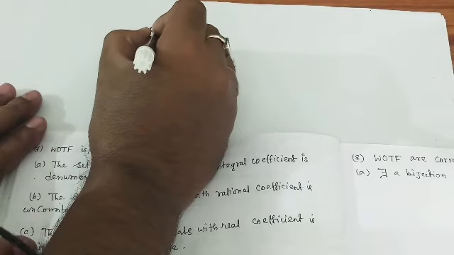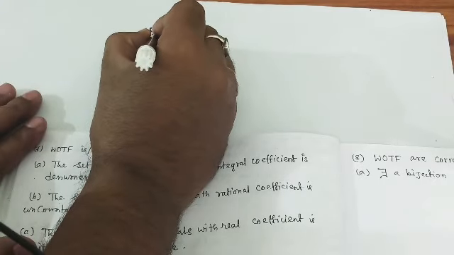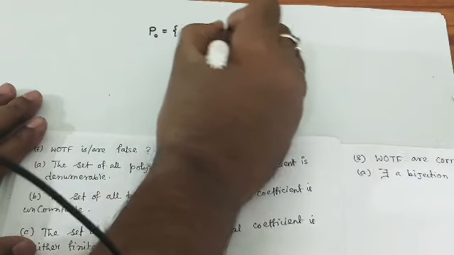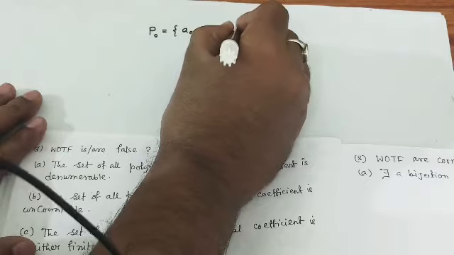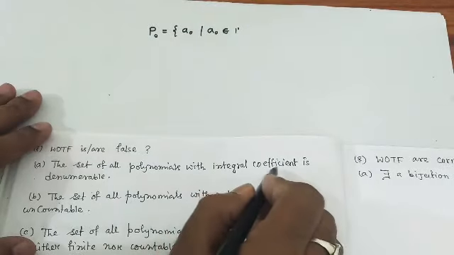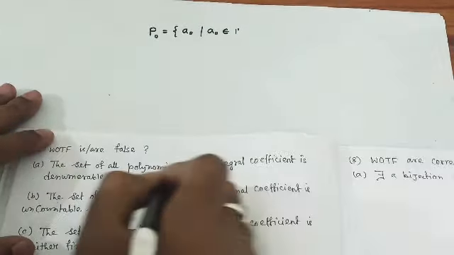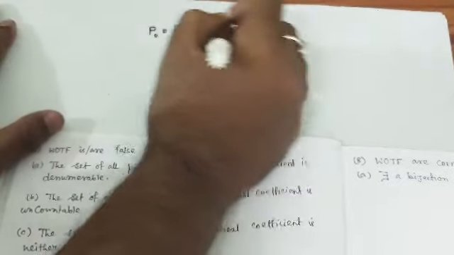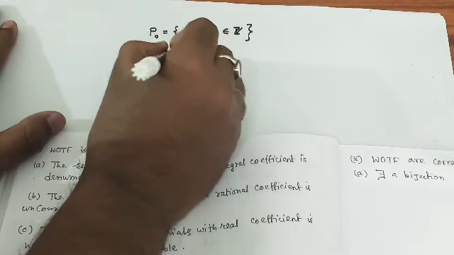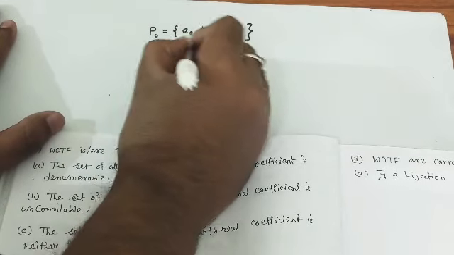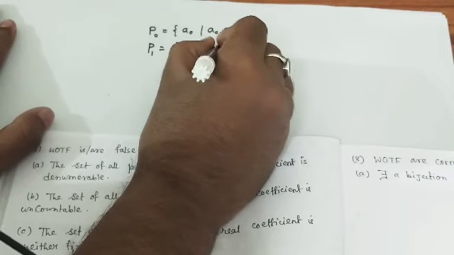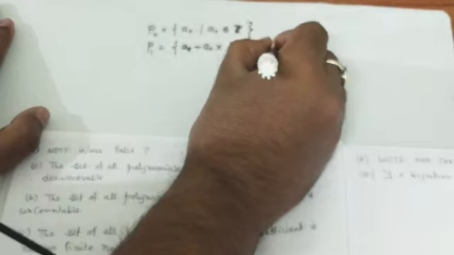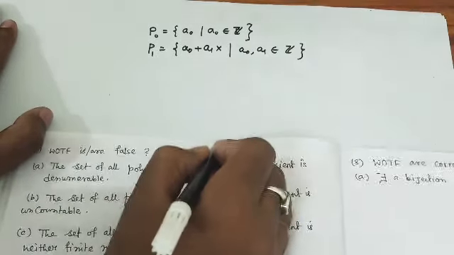Suppose you consider, say, a constant polynomial. I'm considering P0, which is a0, where a0 belongs to Z, since the coefficients are integral. P1 is in fact a0 plus a1x, where a0 and a1 belong to Z, correct?